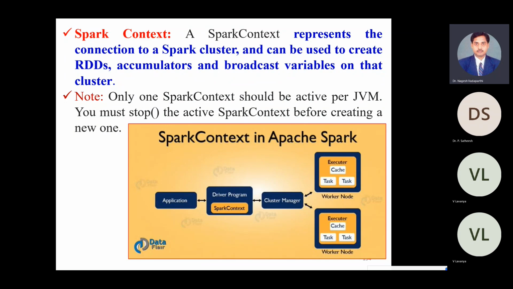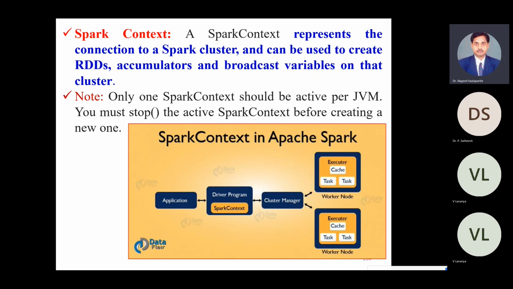Suppose, how do we know how many executors we are using for a particular application? How much memory are we using for a particular application? That we come to know with the help of Spark context, sc.parallelize.